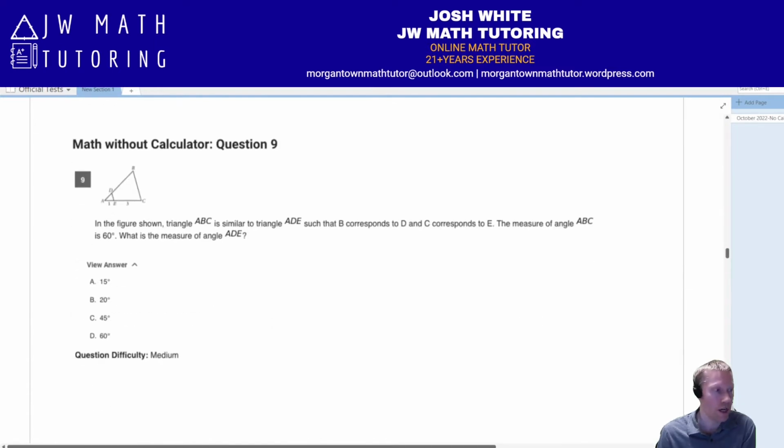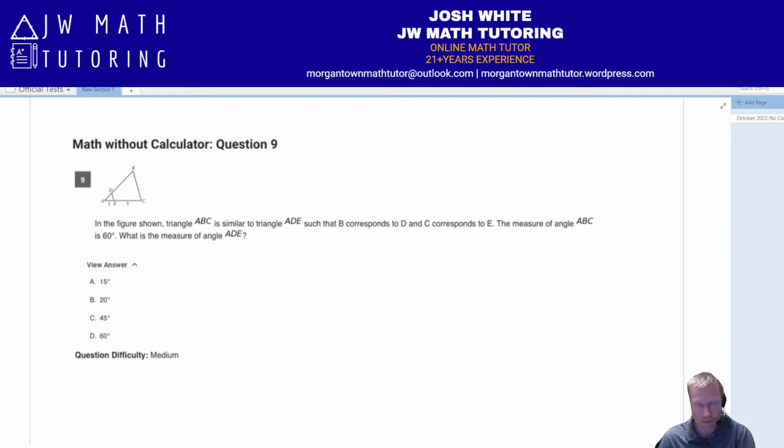Next question, number 9, deals with a little geometry, specifically similar triangles. So I'm just going to draw the two triangles first. Actually, let me draw a better picture of it since it is a little bit angled. So here's ADE, and then if I draw ABC, okay, when you have two similar triangles, the corresponding angles are going to be congruent.